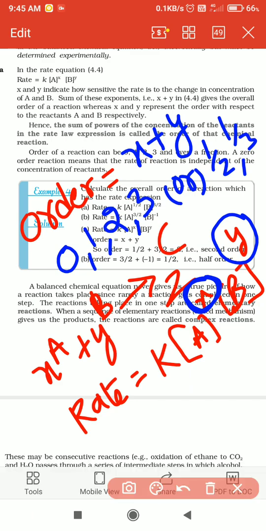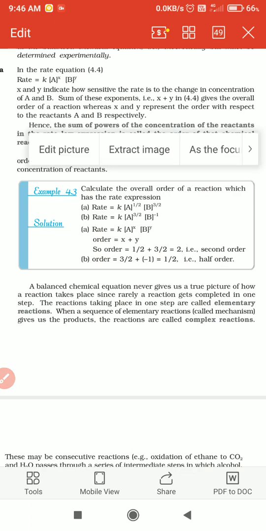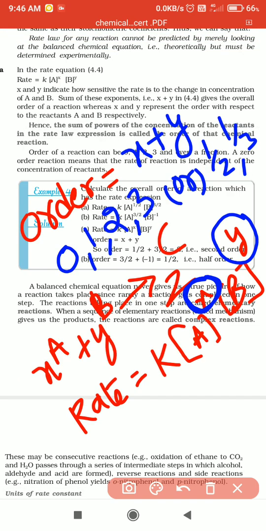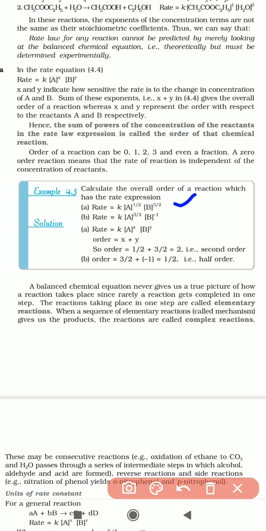Now let us see a small example for this rate. Example 4.3 we are going to see now. Rate is equal to K into A power 1 by 2 into concentration of B power 3 by 2. Now we are going to find the order of the reaction for this rate equation.